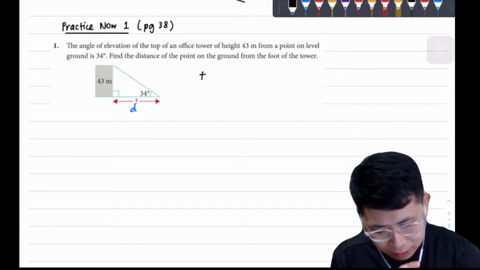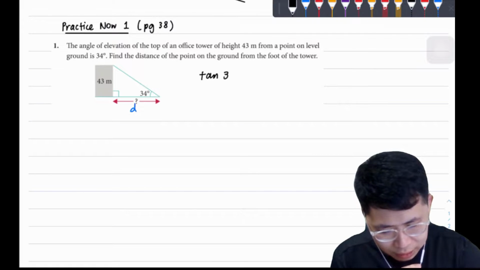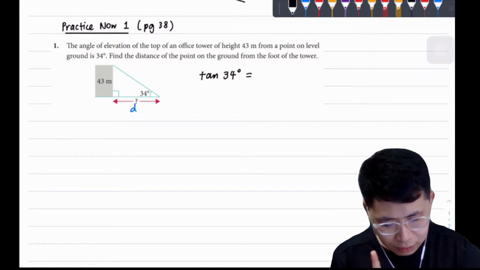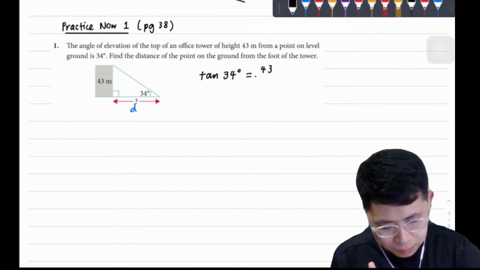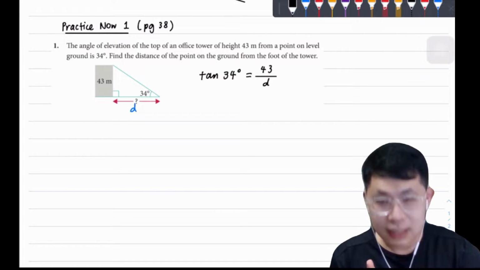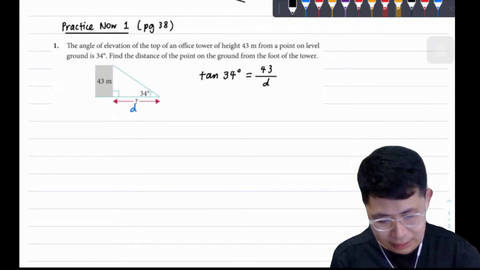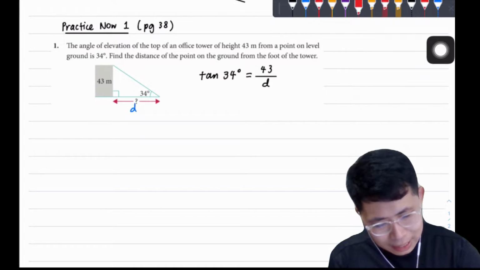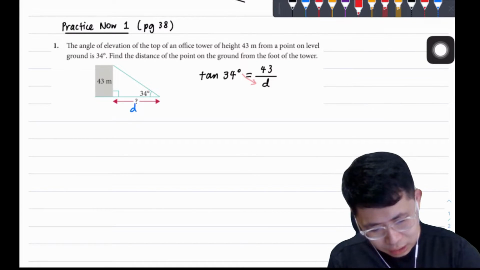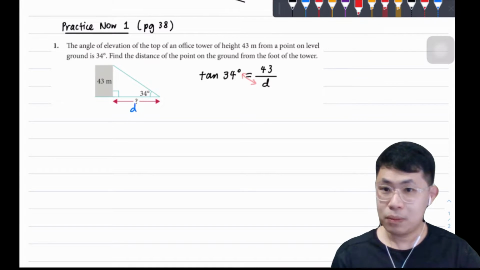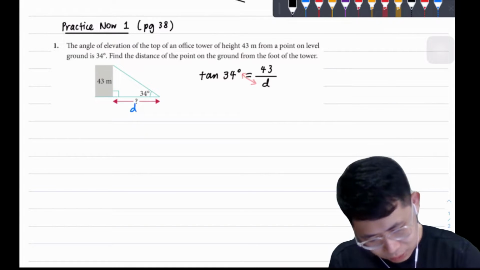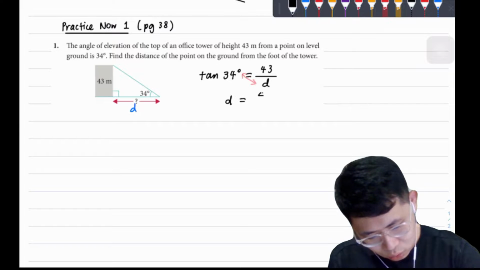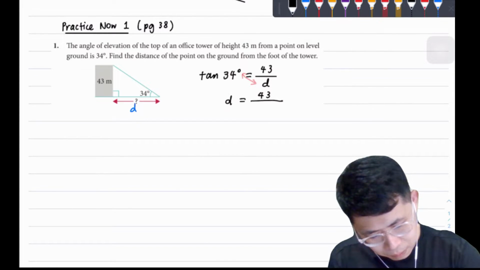Tangent 34 degrees is opposite 43 over adjacent D. I'm looking for D, so I can use a little bit of algebra to swap these two locations. I get D equals 43 over tangent of 34.